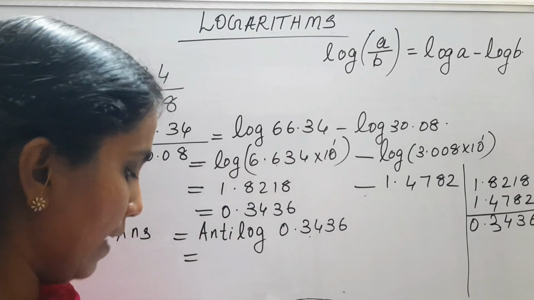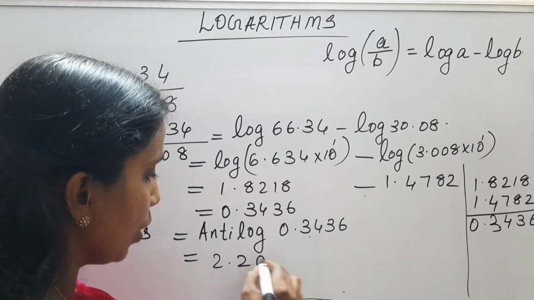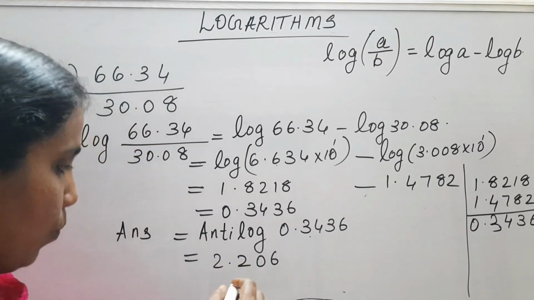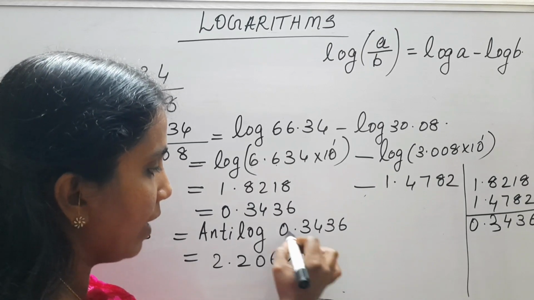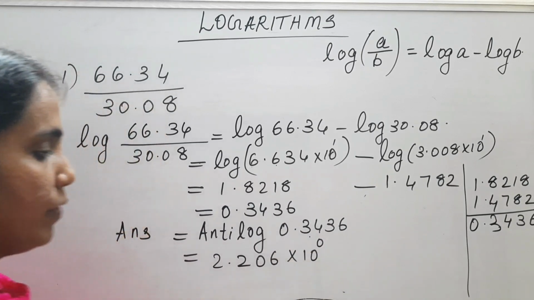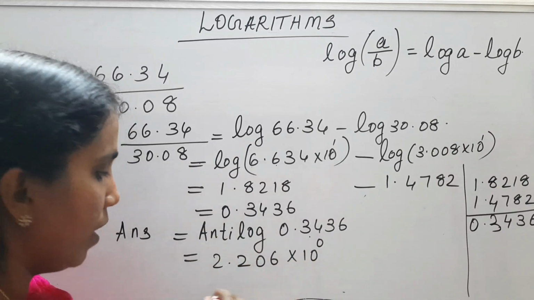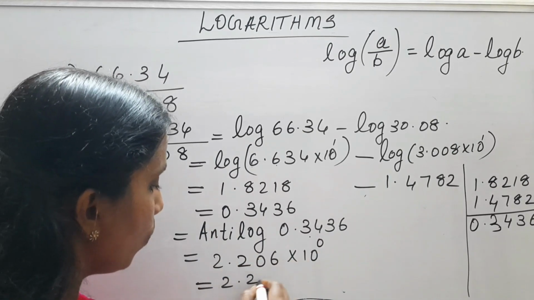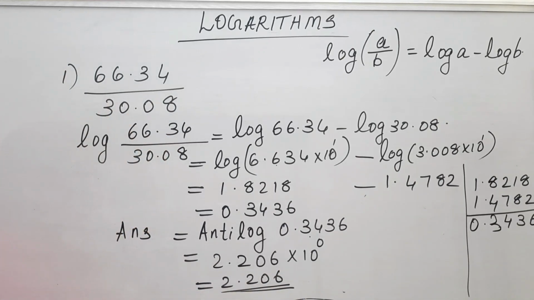Then when you find the antilogarithm, you will get 2.206, and the power of 10 is 0. 10 raised to 0 is 1. So your answer becomes 2.206.